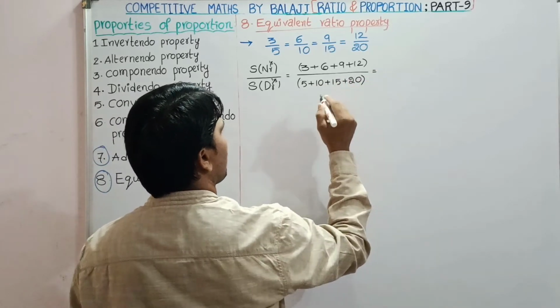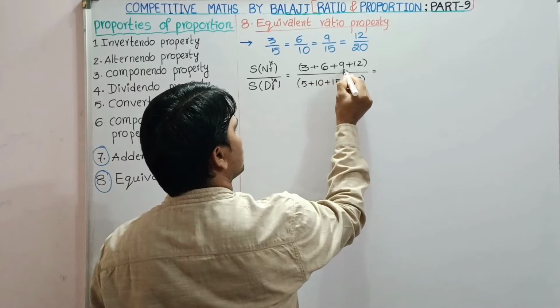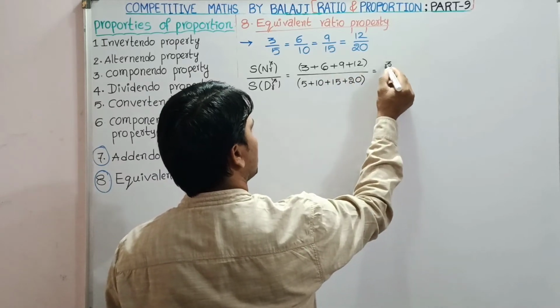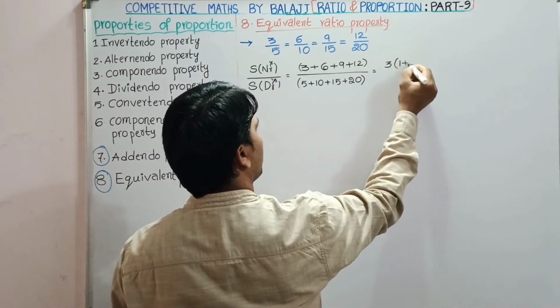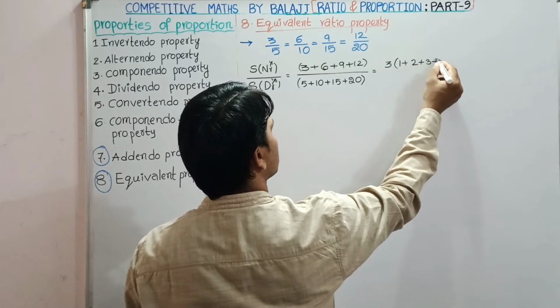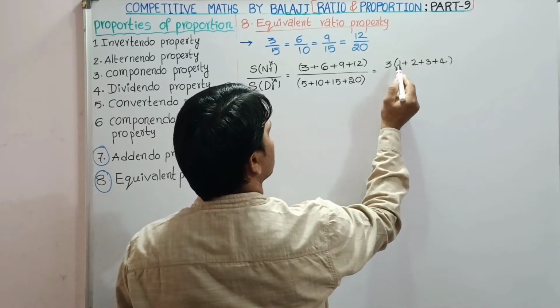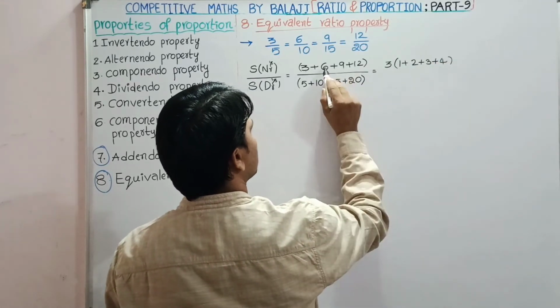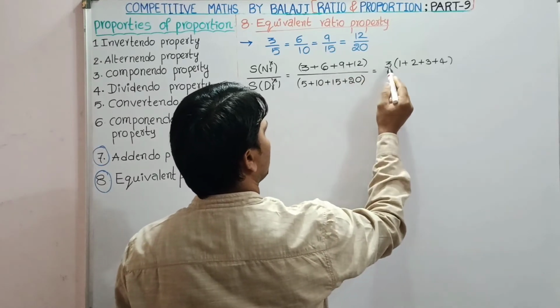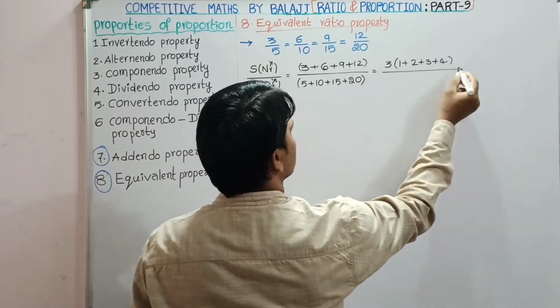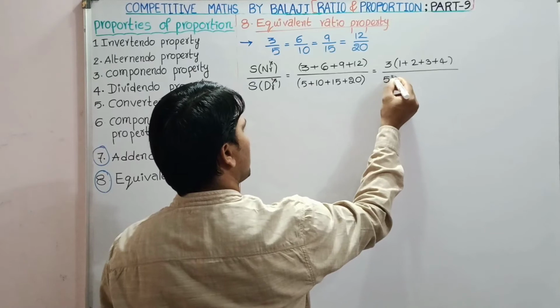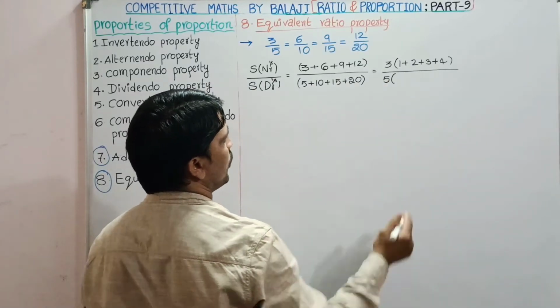Each term in the numerator has 3 as common, so this can be written as 3 of 1 plus 2 plus 3 plus 4, as 3 ones are 3, 3 twos are 6, 3 threes are 9, and 3 fours are 12. In a similar manner, 5 is a common term in the denominator.